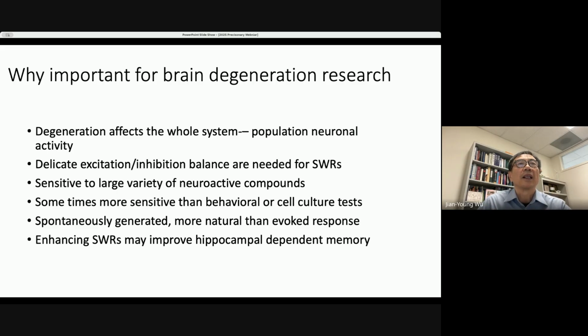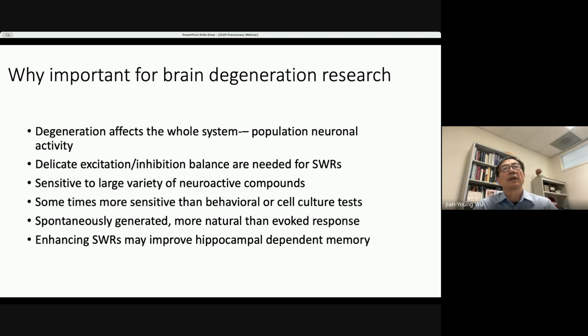So the balance between excitation and inhibition is important. Degeneration often affects this balance, and many compounds that help to restore it are used for brain degeneration effects.